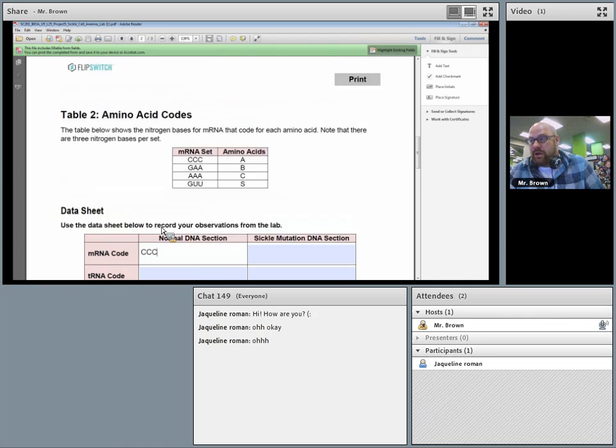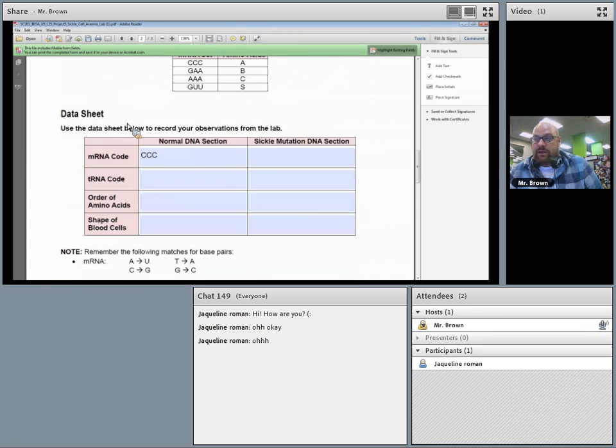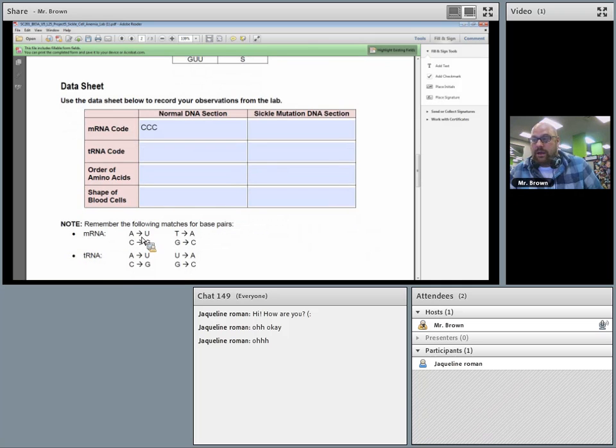The first 3 letters in the DNA are G, so the mRNA has to be C's. You can follow these rules here as well. Then C goes to G, T becomes A.